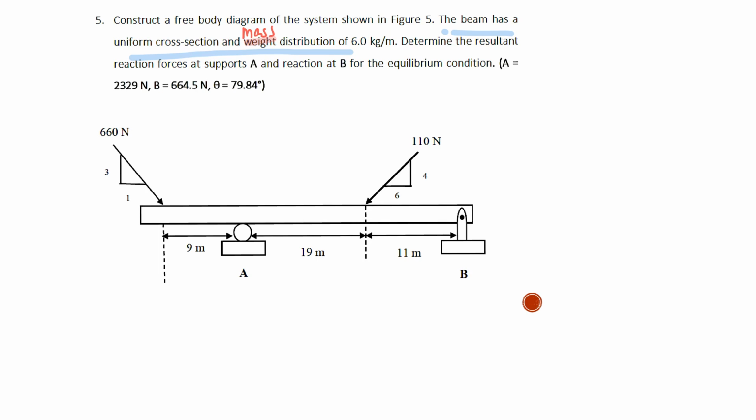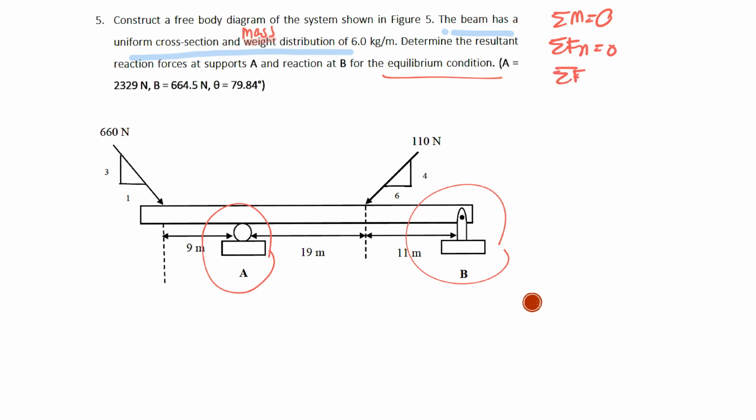Determine the resultant reaction forces at support A and reaction at B for the equilibrium condition. So when the question states equilibrium condition, it means that sum of M equals 0, sum of Fx equals 0, and sum of Fy equals 0.